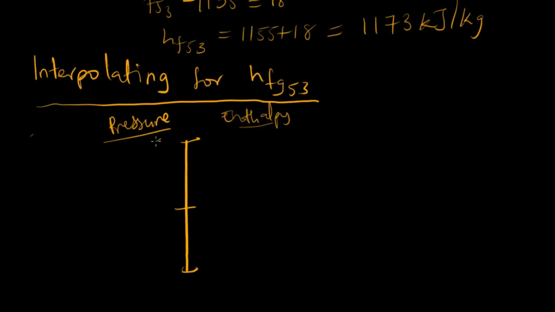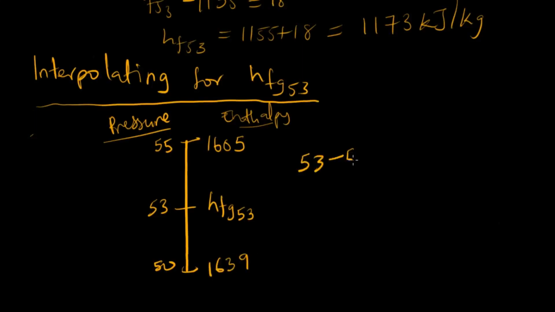The highest pressure is 55, then 53 and 50. HFG at 55 is 1605. We don't know the HFG at 53, and HFG at 50 is 1639. So the same procedure, you have your 53 minus 50 over 55 minus 50.